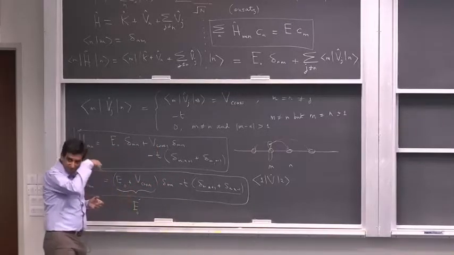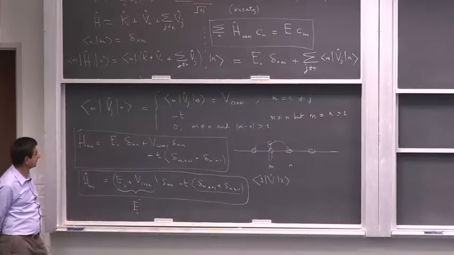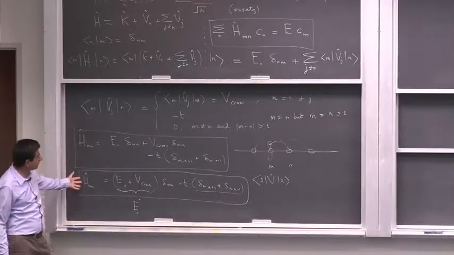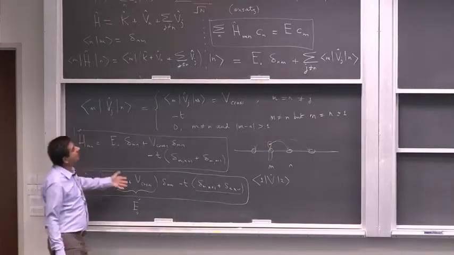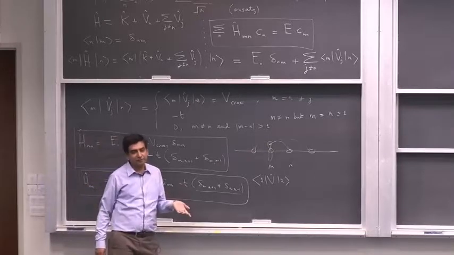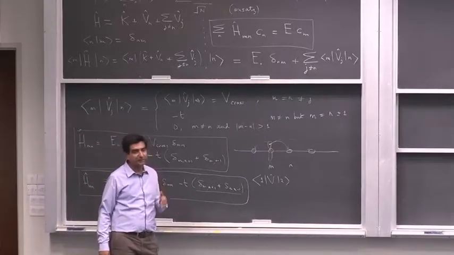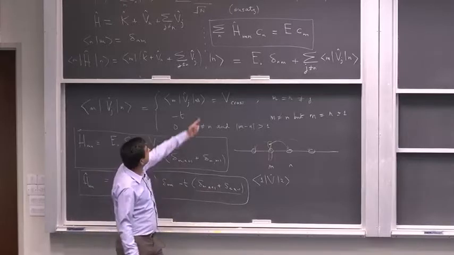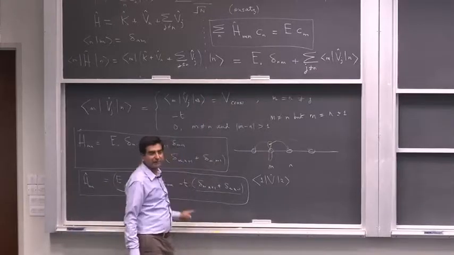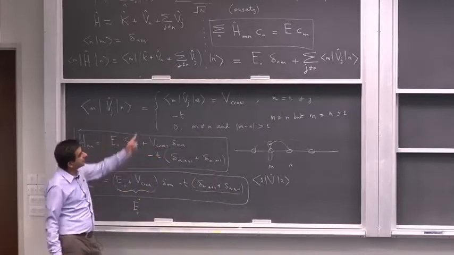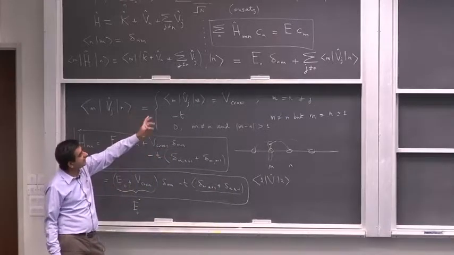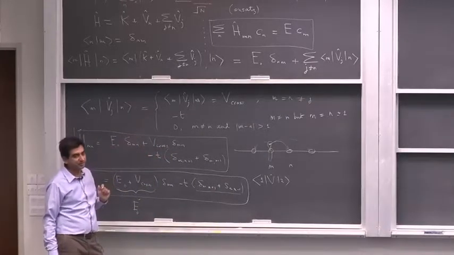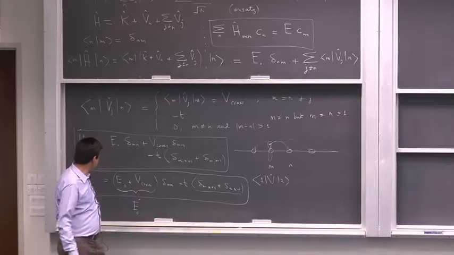Yeah, so I found out an element of the Hamiltonian. If I know the Hamiltonian, I can solve the Schrodinger equation because I would like to find out the dispersion relationship. So this is my Hamiltonian, that's my Schrodinger equation. So I will insert this matrix element into the Schrodinger equation and find out a dispersion relationship. That's what I'm going to do now.